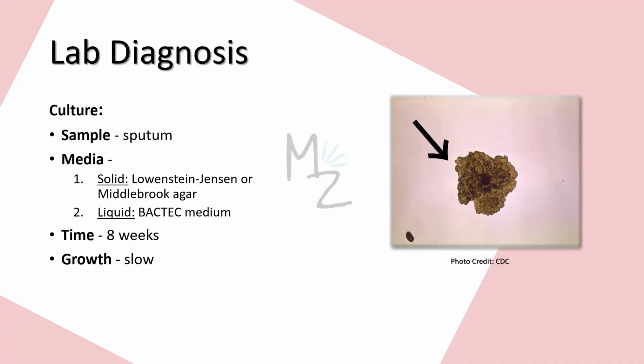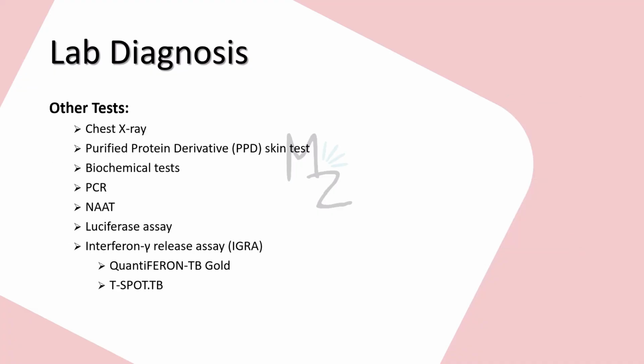If growth in culture occurs, the organism can be identified by biochemical tests. For example, Mycobacterium tuberculosis produces niacin, whereas most other mycobacteria do not. It also produces catalase, so we can easily diagnose it. Then we've got certain other tests. We'll go for X-ray, the chest X-ray.